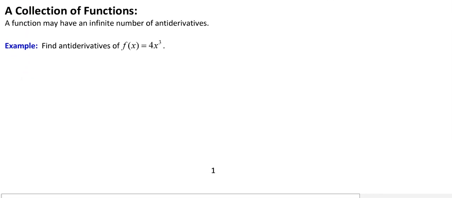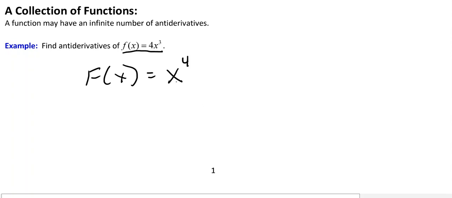A function may have an infinite number of antiderivatives. Take a moment and think about what the antiderivative of this function would be. We have f of x is equal to 4x cubed. Using the same logic that we used in the last two problems, you would come up with x to the fourth, right?